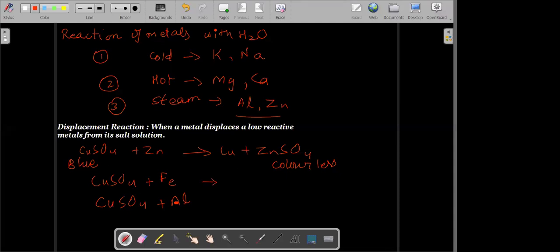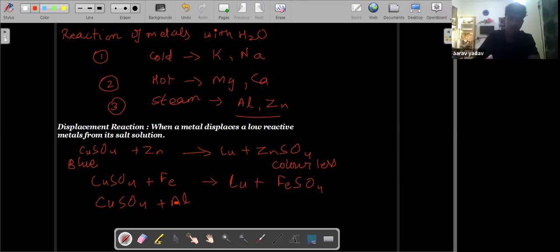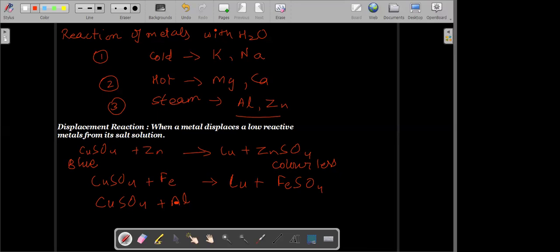Now here you have the formation of Fe with CuSO4. So you will get Cu, copper, plus FeSO4. And what will be the color change? Arav, what is the color of FeSO4? Yes, it's green.